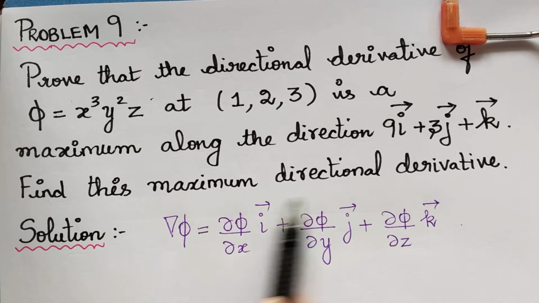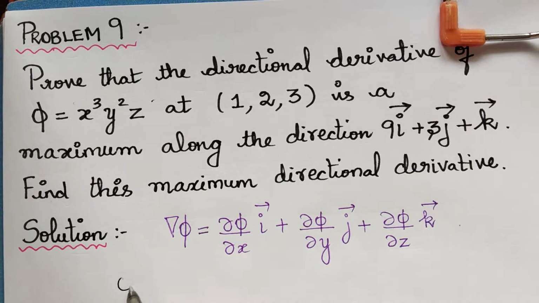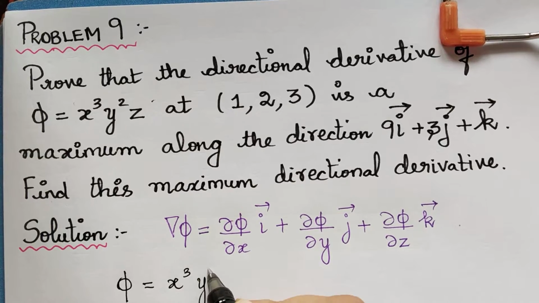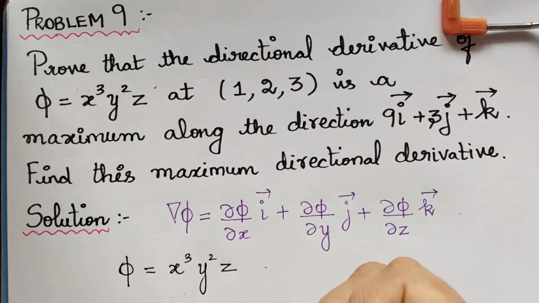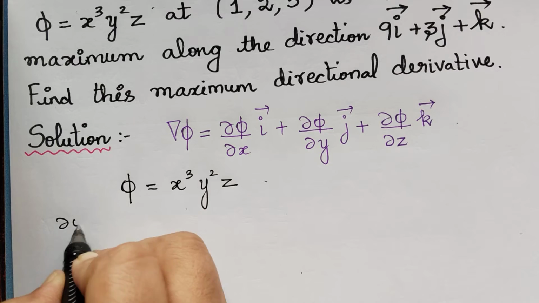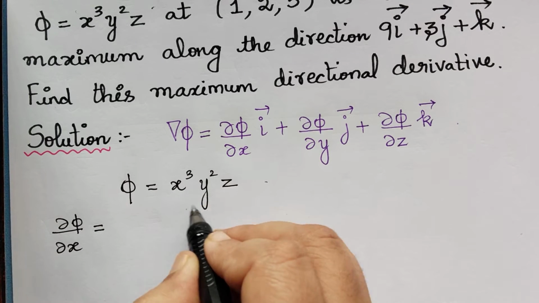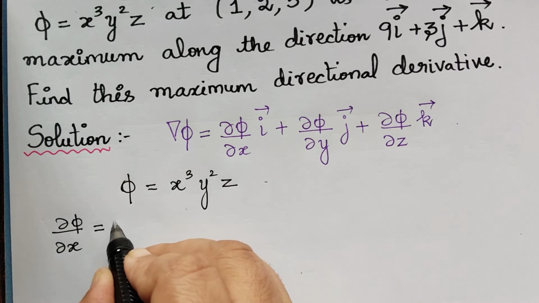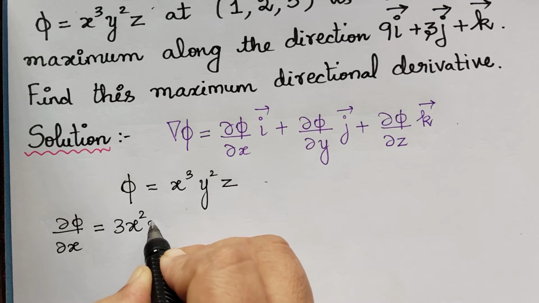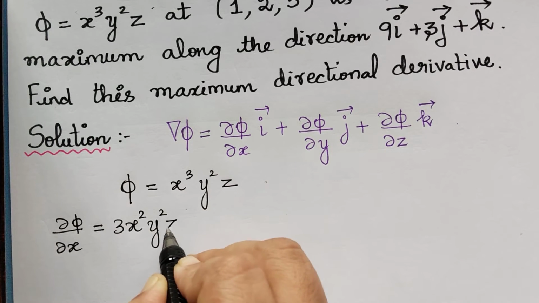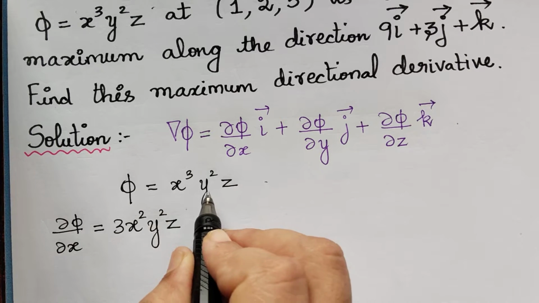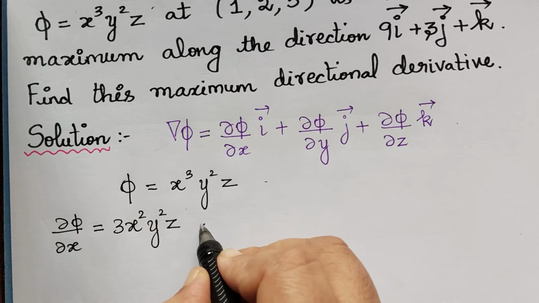So this is the formula for nabla phi. The phi given over here is x cube y square z. Now from this, what is dou phi by dou x? We have to differentiate this partially with respect to x. So it will be 3x square, and y square z will remain as it is because they will be treated as constants.